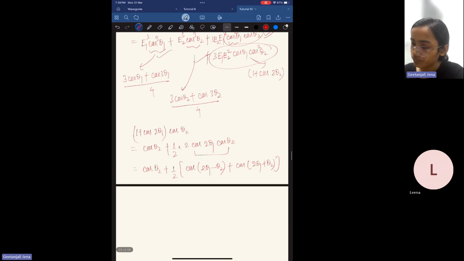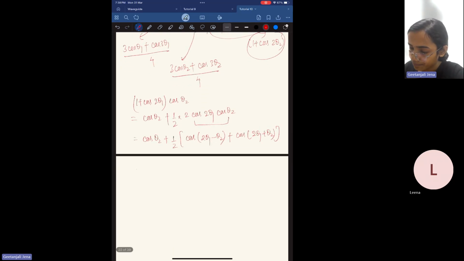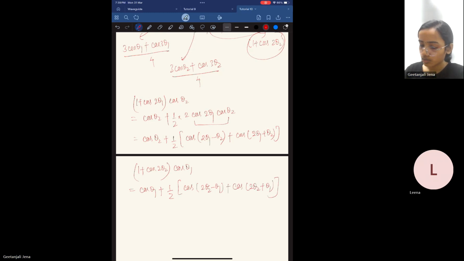Similarly, for this part, we will have 1 plus cos 2 theta 2 times cos theta 1. So you will get cos theta 1 plus half of cos 2 theta 2 minus theta 1 plus cos 2 theta 2 plus theta 1. So you have all the expansion.